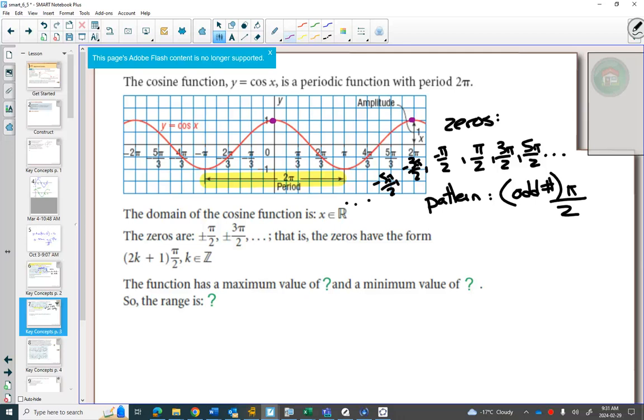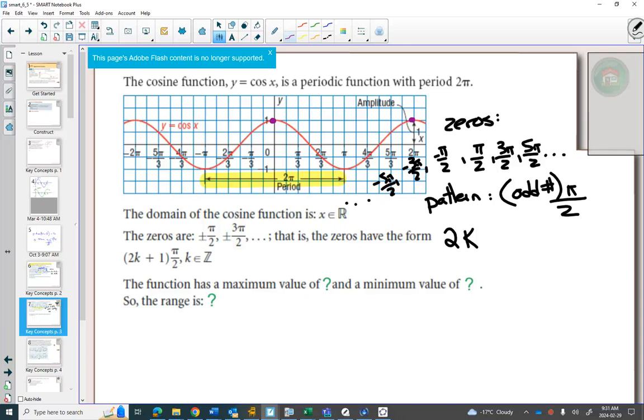Mathematically, we start off with any number, k. This is positive or negative whole numbers. If I double any number, would you agree that you will always get an even number? Taking any number, doubling it, will always give you an even number. What do we want? We want an odd number. What could I do to an even number to make it odd?